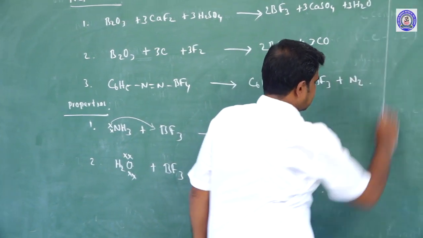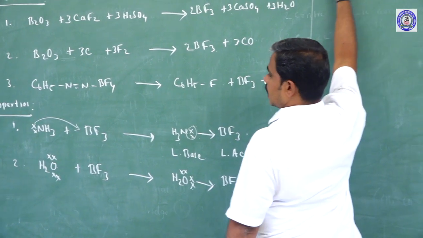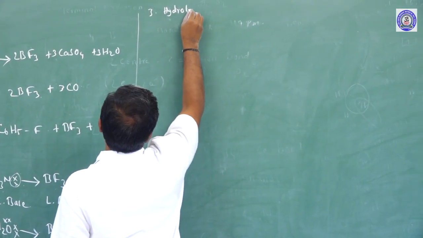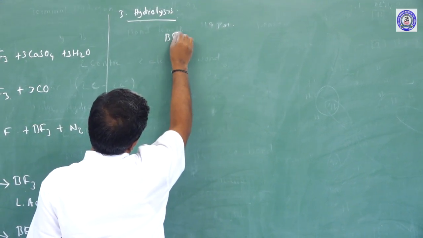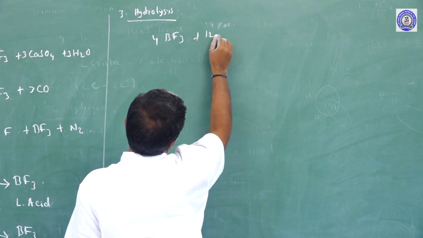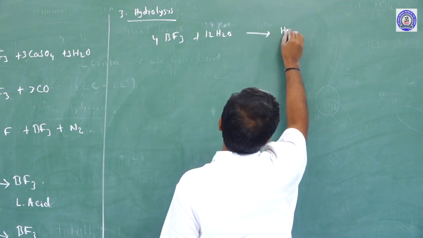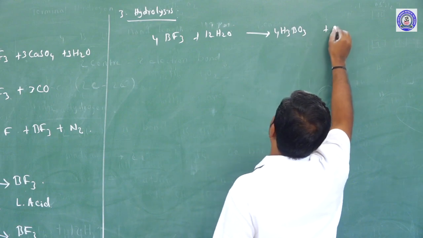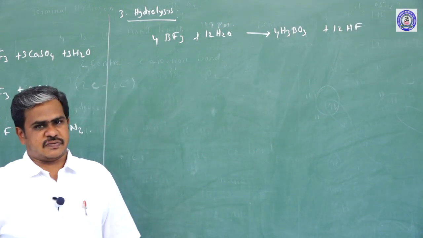Now we take the hydrolysis of BF3, the third property. On hydrolysis, 4 molecules of BF3 react with 12 molecules of water and form boric acid H3BO3, 4 molecules, and 12 molecules of HF.